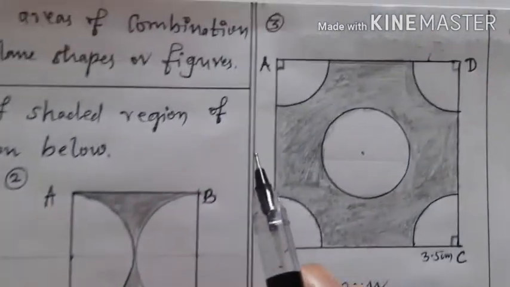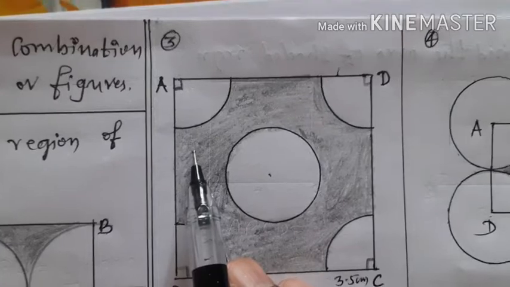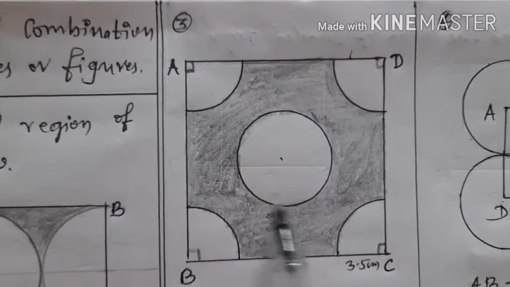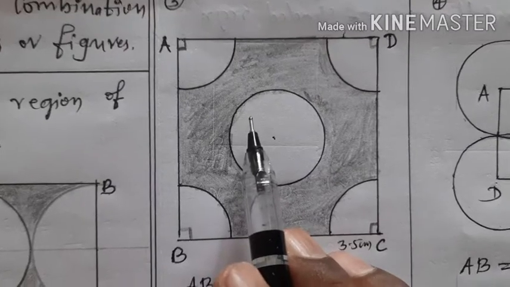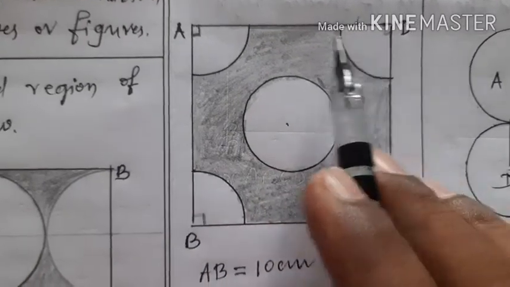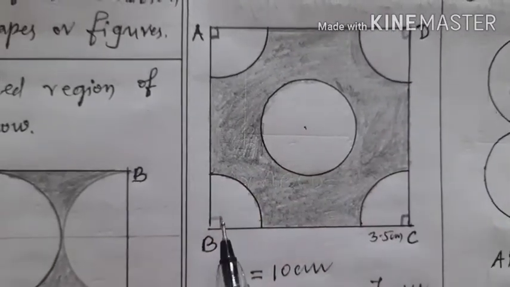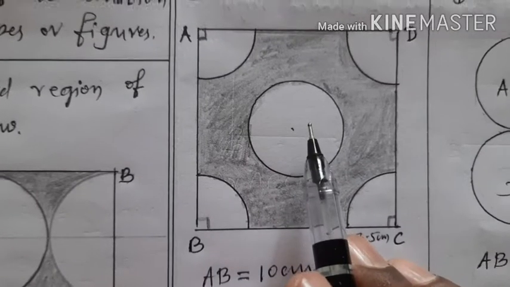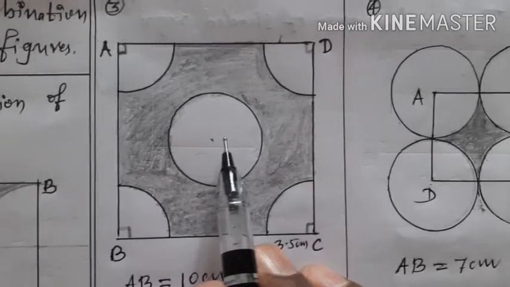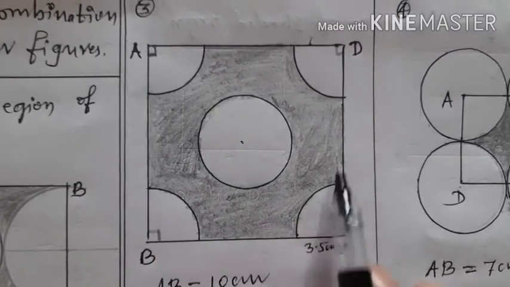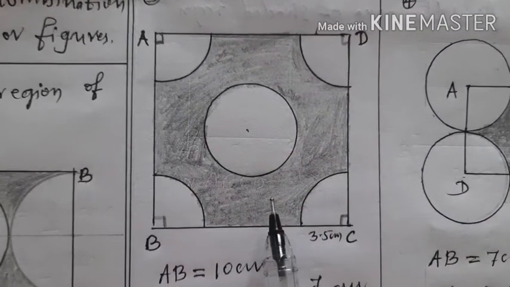Understand? Look at figure number 3. This is also not a single shape. It is the combination of one square, four quadrants of the circle and one single circle, and we need to find the area of this shaded region.